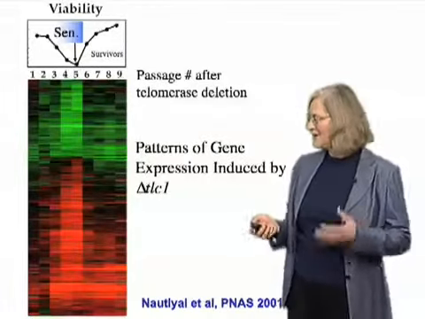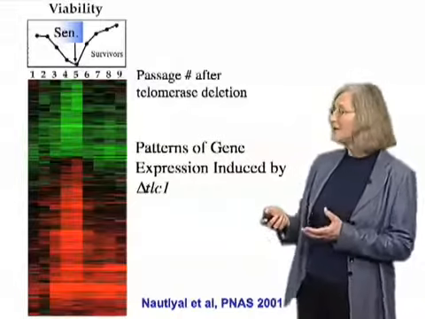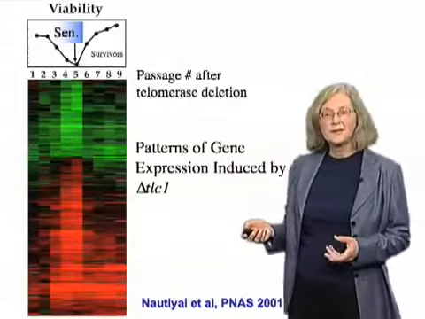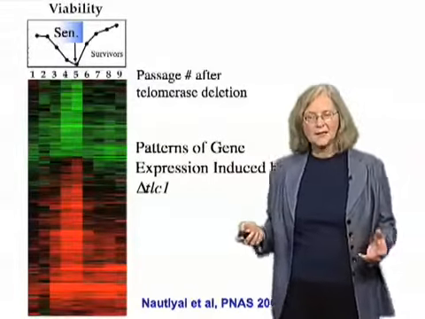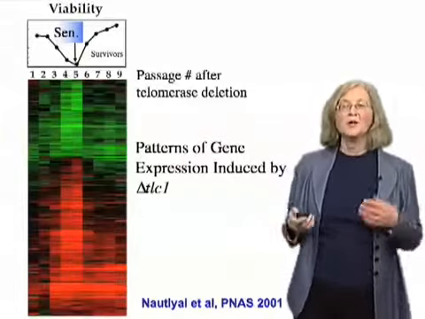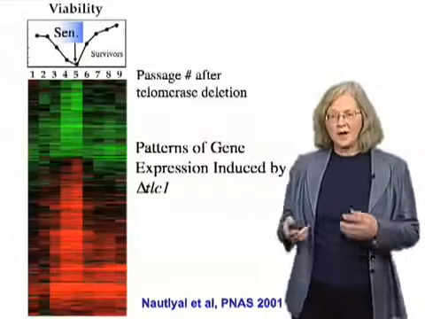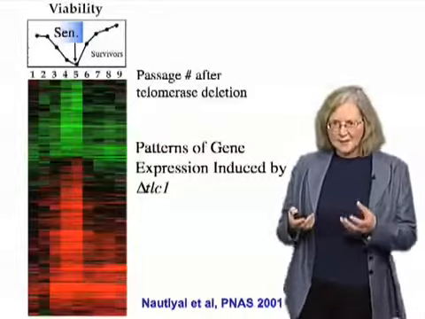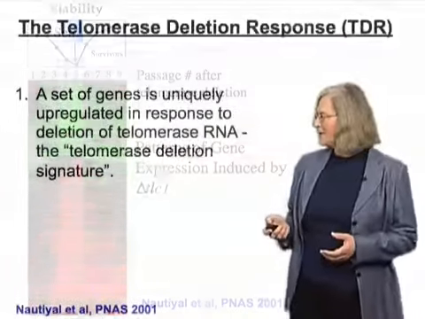So one can compare what we see here with what's been seen in other experiments done by many other groups looking at many other conditions of changes to the cells in yeast.